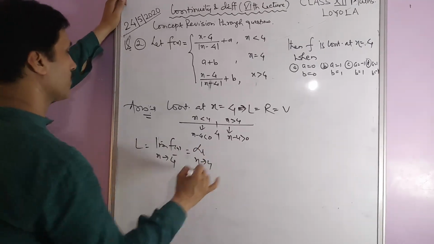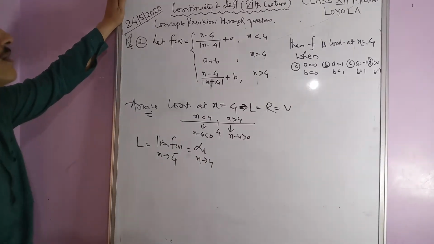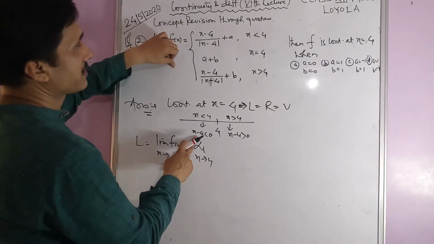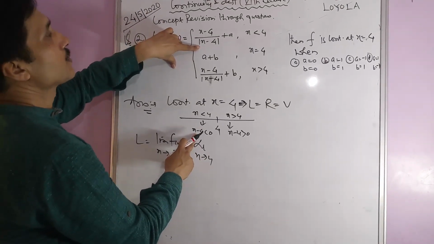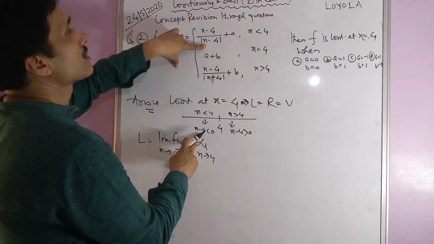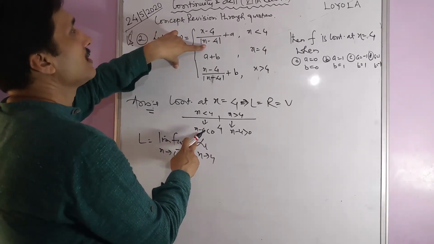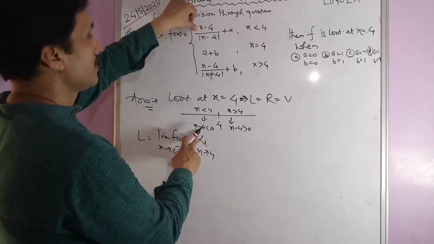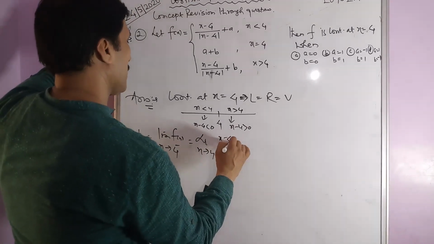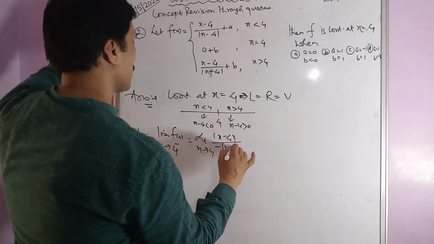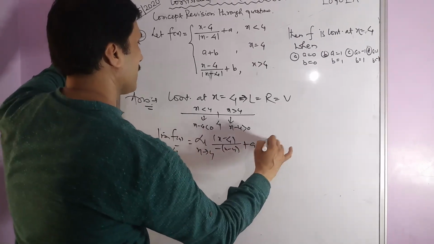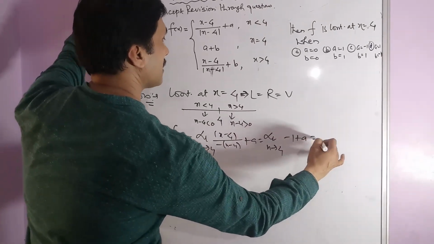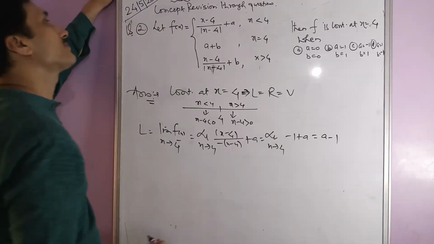In this case, x is less than 4, so x minus 4 is negative. So modulus of x minus 4 is minus of x minus 4. This is minus 1, (x − 4)/(−(x − 4)). Limit as x tends to 4 of minus 1 plus a. This is a minus 1.